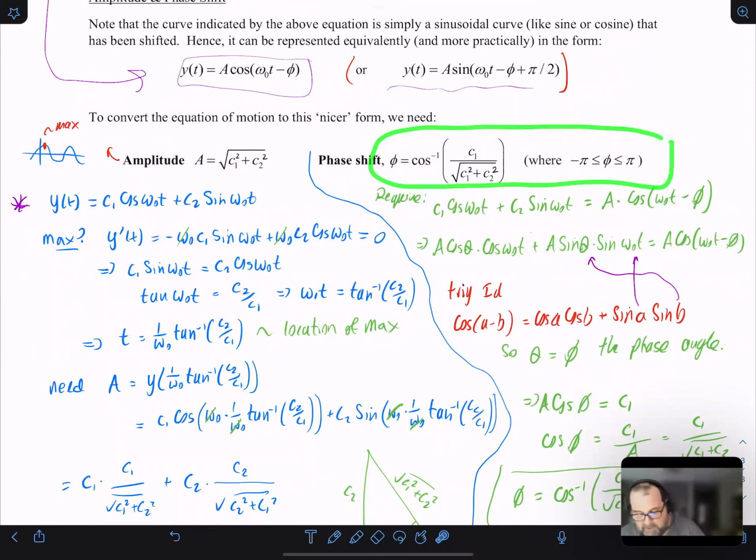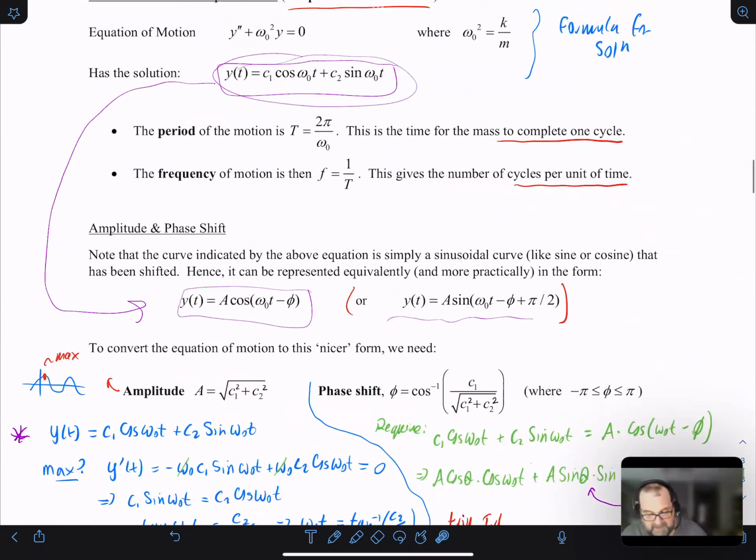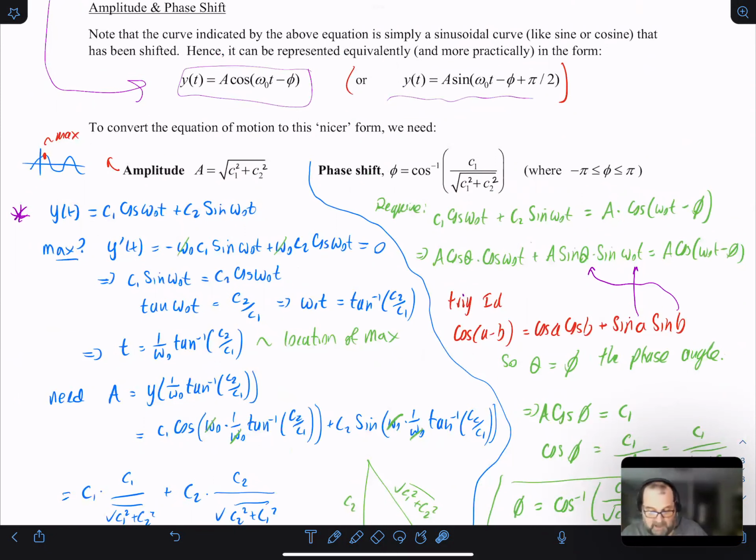You start by computing cosine inverse of this particular quantity here. So do c1 over the amplitude, where c1 is the value in front of the cosine. If you do cosine inverse of this quantity, you get a result for phi, the phase shift phi.